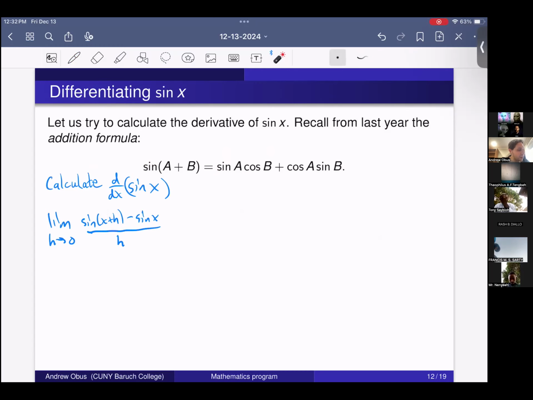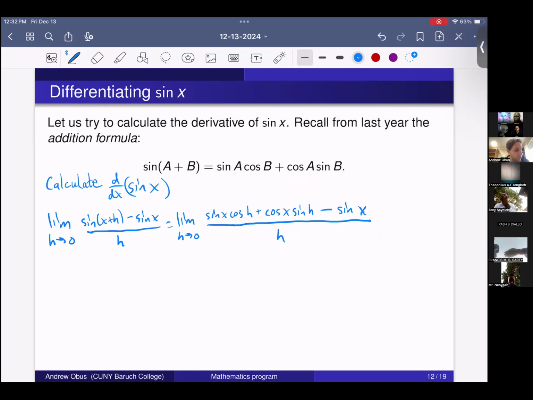It's going to be sine of x cosine h plus cosine of x sine of h. So this is equal to the limit as h approaches 0 of sine of x cosine of h plus cosine of x sine of h, and then we subtract sine of x, and this is all divided by h. Remember here, this thing here is sine of x plus h.